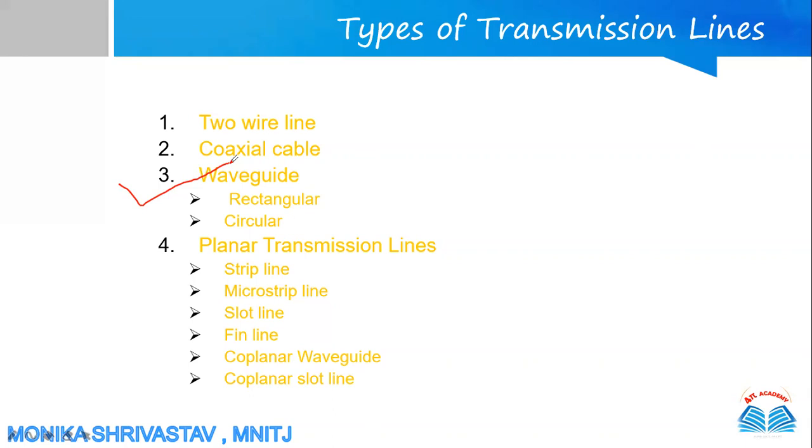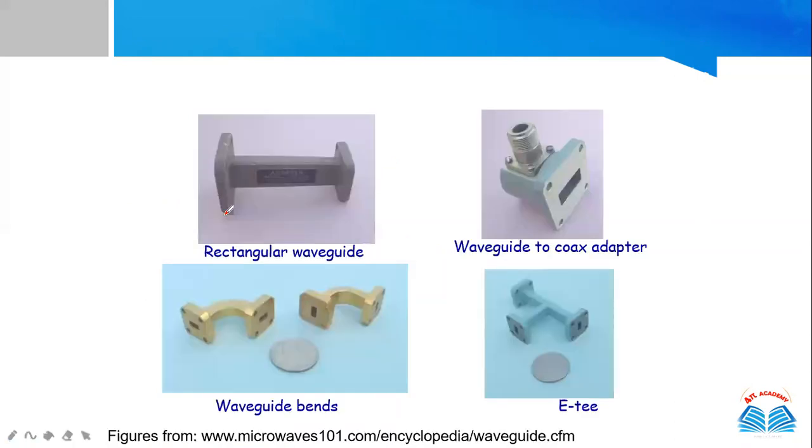Most of the questions coming in your exams are from the rectangular waveguide. So all the questions we will do will be from this topic. It is an important topic. You can see the shapes of various types of waveguides. This is your rectangular waveguide.